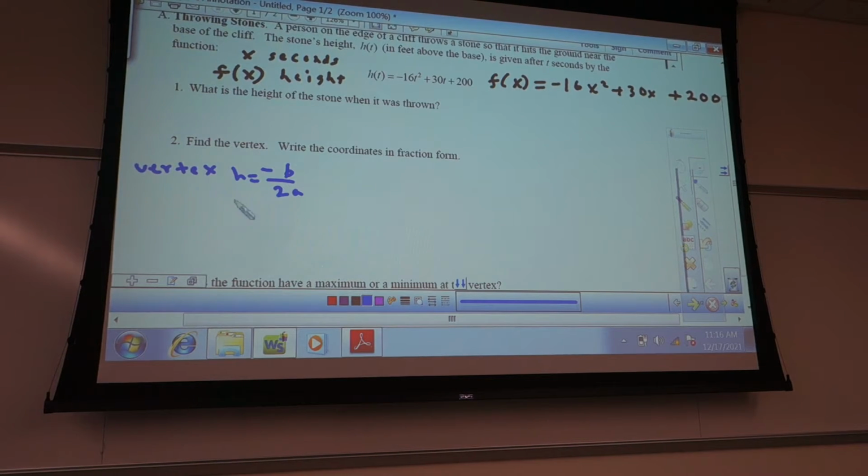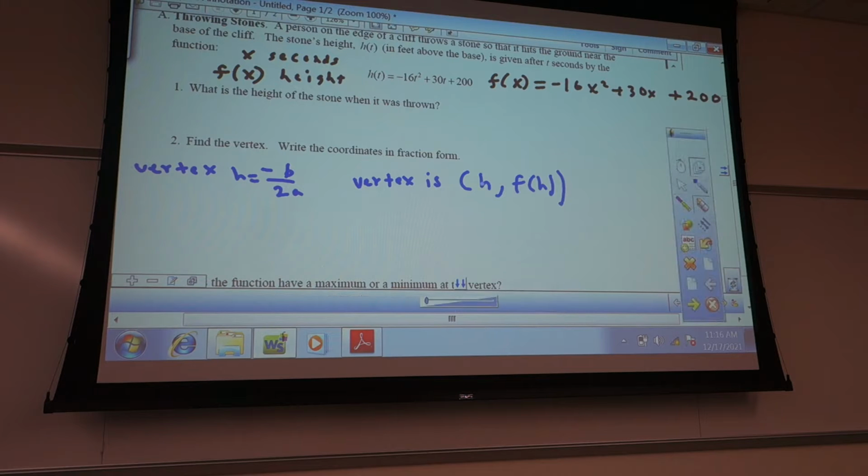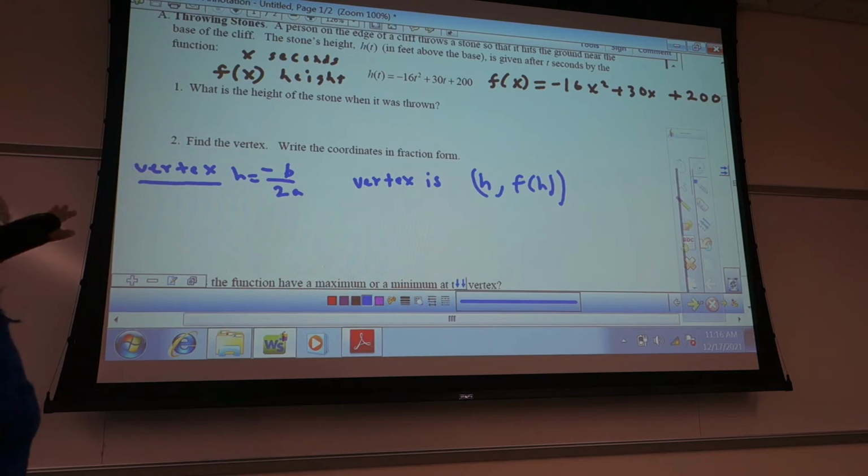Then the vertex has a double parentheses, like that. I'll give you that information, and then you need to find the vertex.